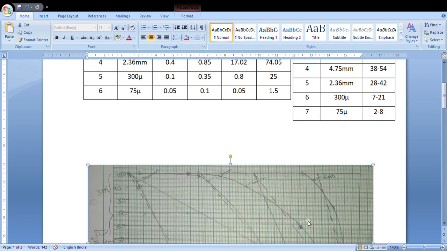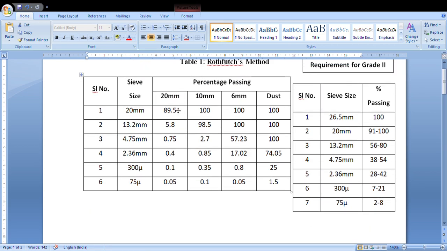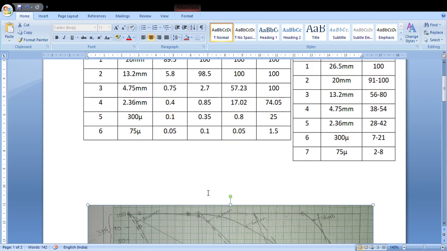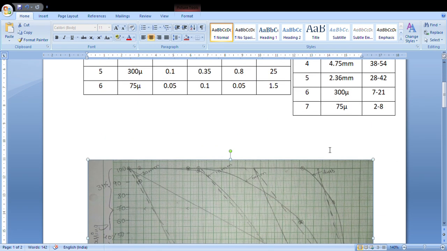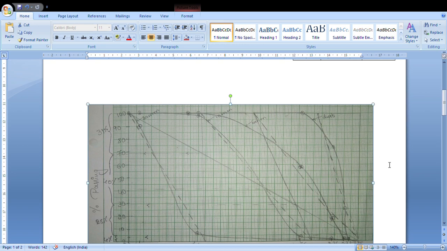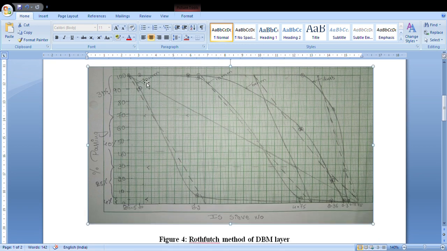The next step is to plot these curves: 20 mm curve, 10 mm curve, 6 mm curve and dust curve, for the calculated percentage passing values. See here, this is the 20 mm curve, this is the 10 mm curve, this is the 6 mm curve and last is the dust curve. The next step is to draw a balancing line.